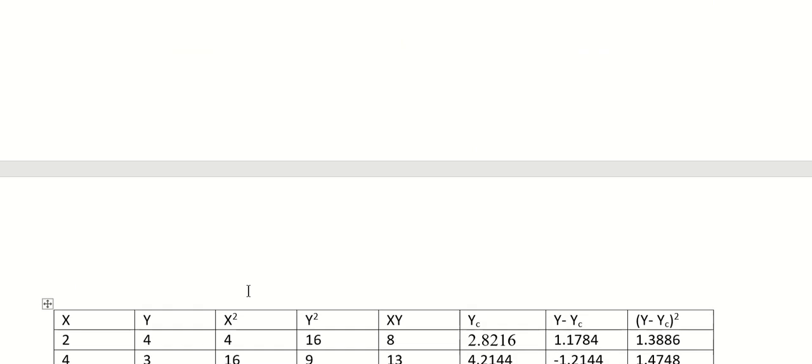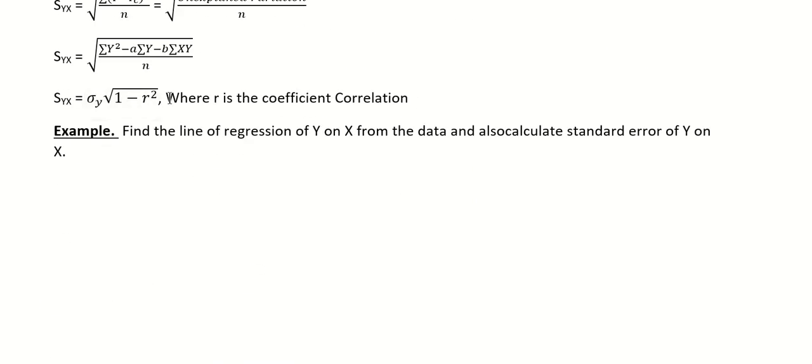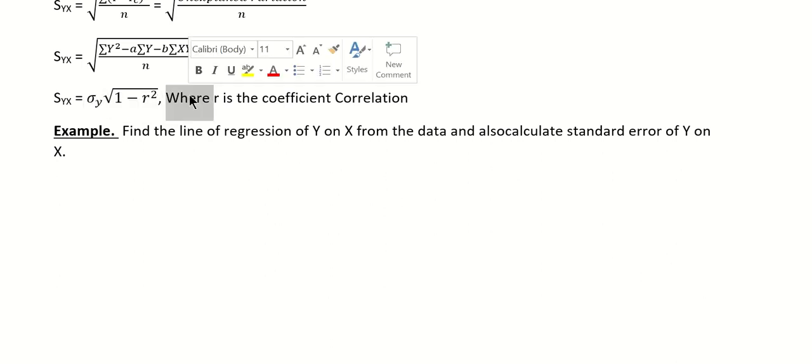In case of the third formula, you need a correlation. That is not required in the present question, but in certain questions where standard deviation and correlation are given and you are asked to calculate standard error, you can directly apply this formula. But in the present question, it is not required. So this is all about standard error.